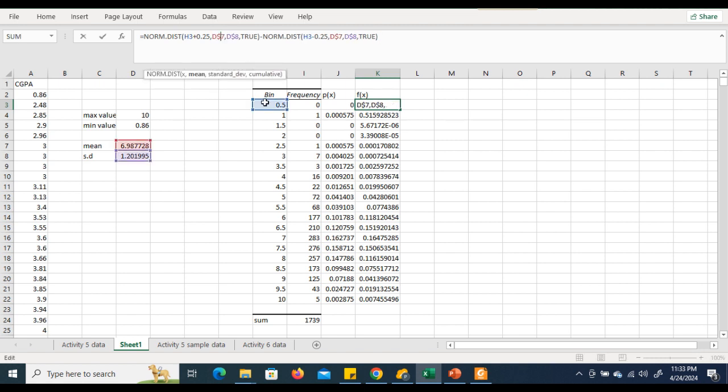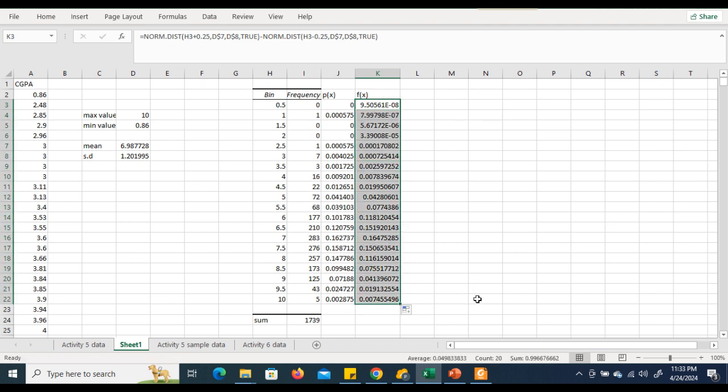Dollar sign means that I fix this particular box. Now if I drag this particular formula, we can get the desired probabilities, and you can see the sum of all these boxes is approximately 1 only. So this is the probability we have calculated with the help of normal distribution.